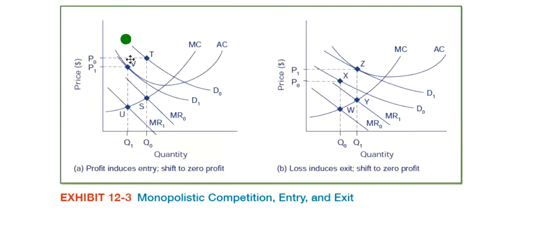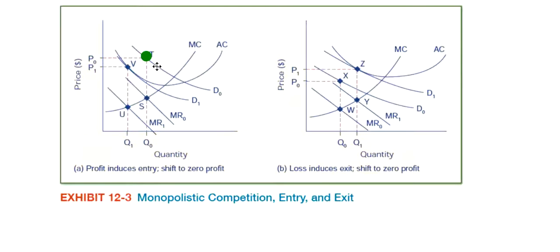Now, what happens when firms are making a profit, as they are here, and why are they? Because the price, actually here, the demand curve, and therefore the price where we start is above the average total cost curve here. So this condition where they start at D0, they're making a profit at D0, MR0, and Q0.